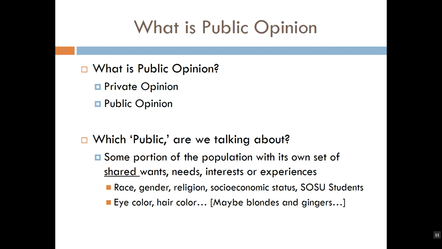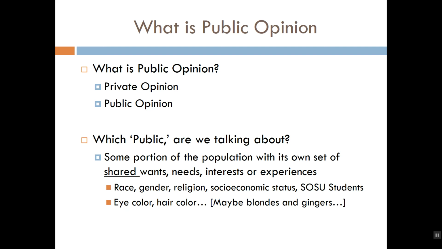So when we're talking about public opinion, we're specifically interested in the different groups of people within our population who are referred to as publics. The population as a whole can be subdivided into several distinct publics. A public is some portion of the population, united by a characteristic, which binds its various members through a set of shared wants, needs, interests, or experiences.